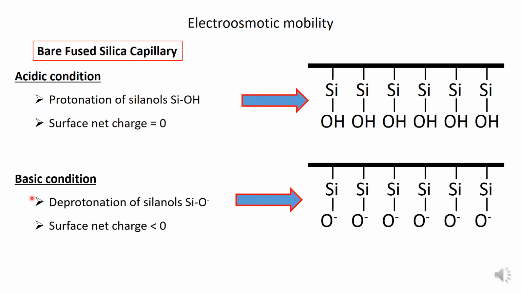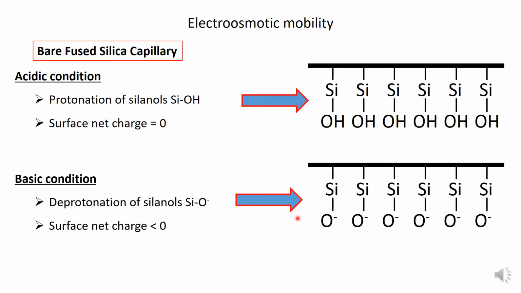But in basic condition now, we have the deprotonation of the silanol group. And then the deprotonation implies a surface net charge less than 0, a negative surface net charge.